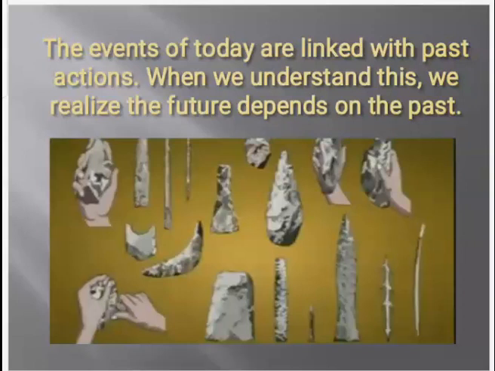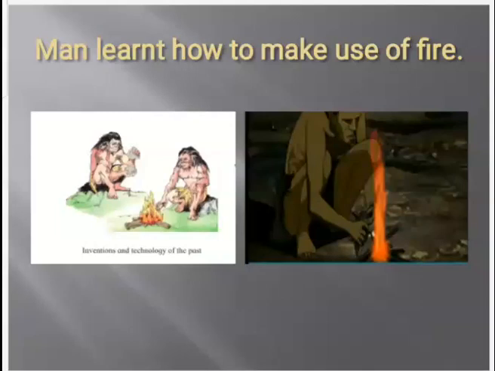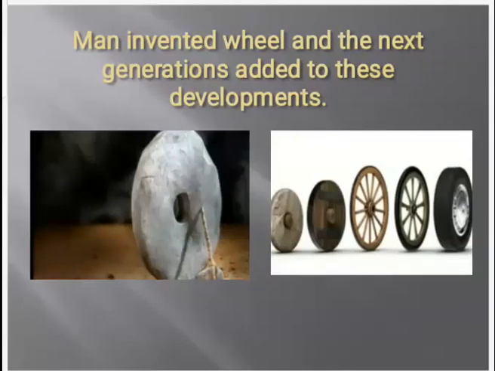For example, we learn that man began to make tools from materials available in nature. Man made stone tools in the Stone Age period, he learned how to make use of fire, and he invented the wheel.